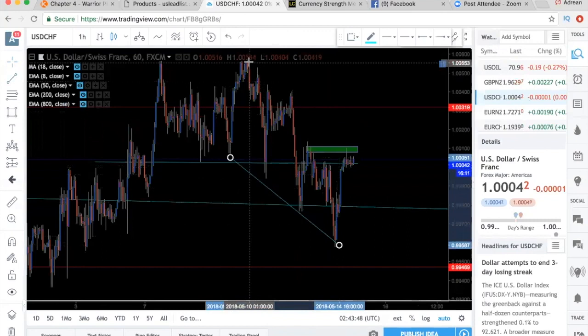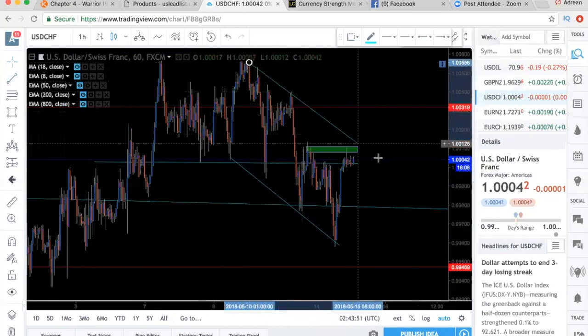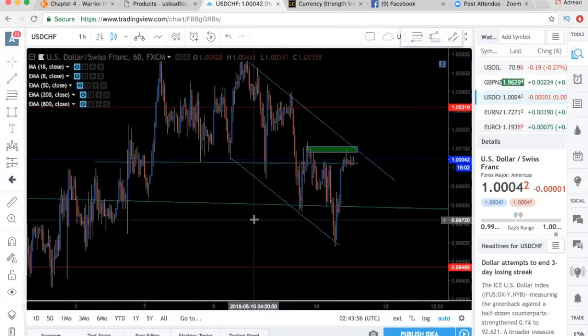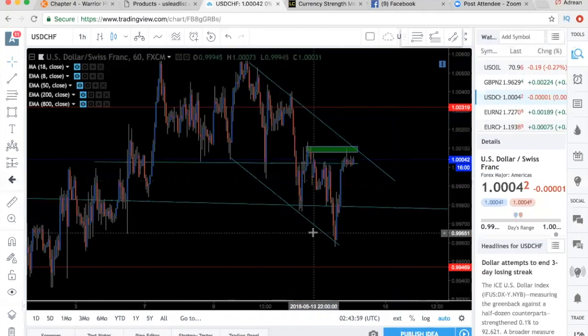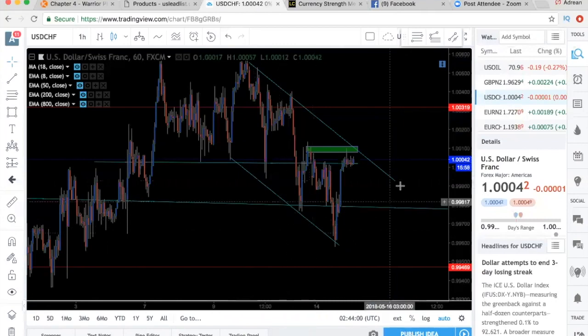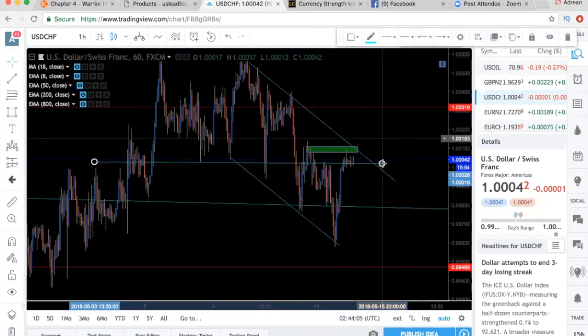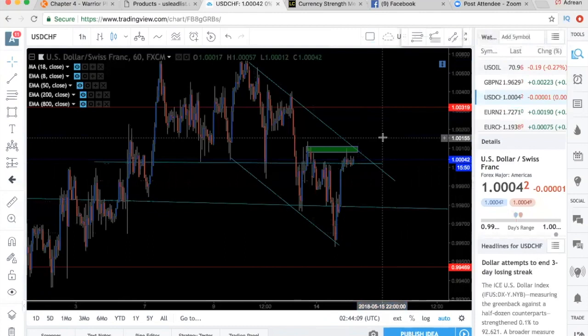Higher lows. So just got to be aware of that.